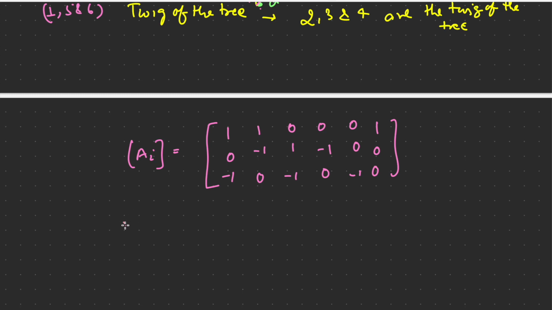The number of trees for a given graph is the determinant of the reduced matrix AI times the transpose of the reduced matrix.